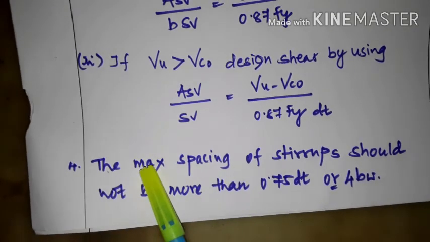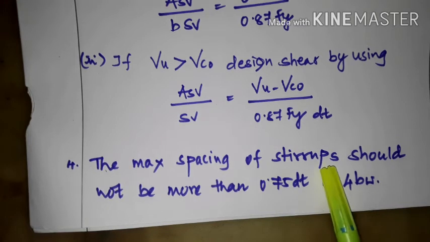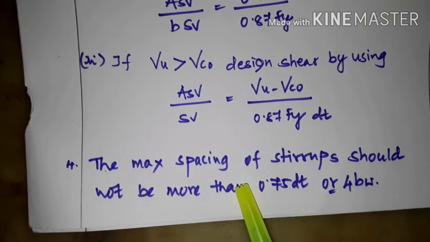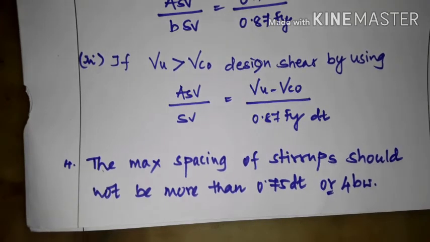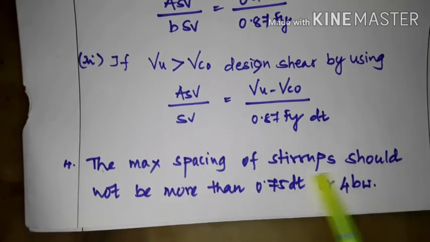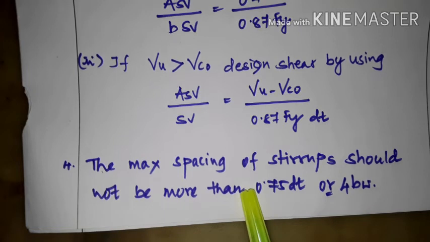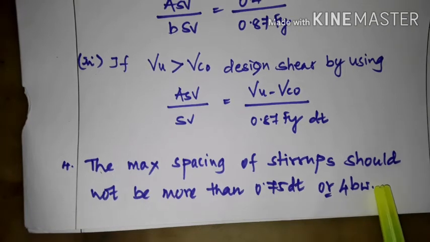Then the next step, which is important, is that the maximum spacing of stirrups should not be more than the least of these two, that is 0.75 times dt or 4 times bw.